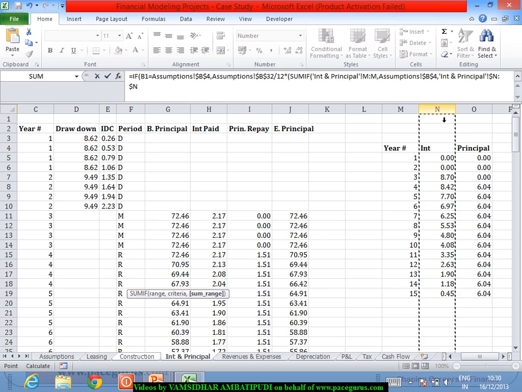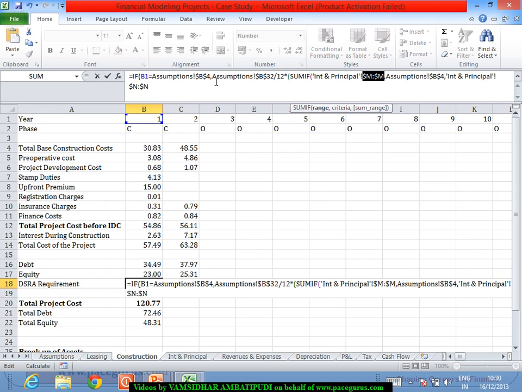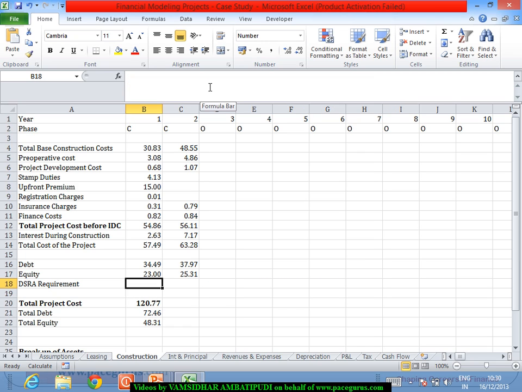Out of this M column, add up the interest part wherever it is matching, or let me just see.